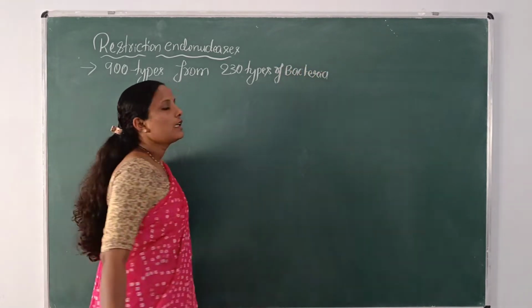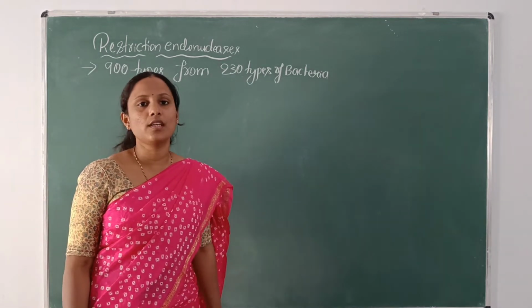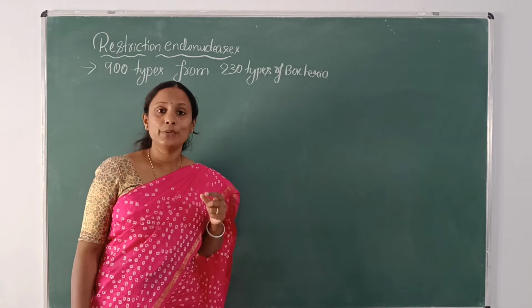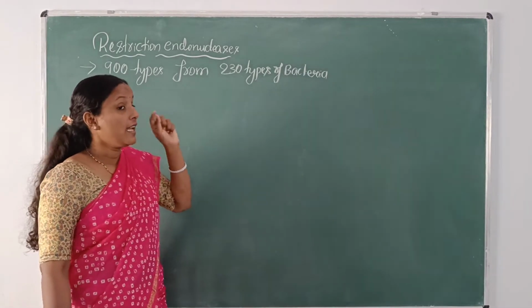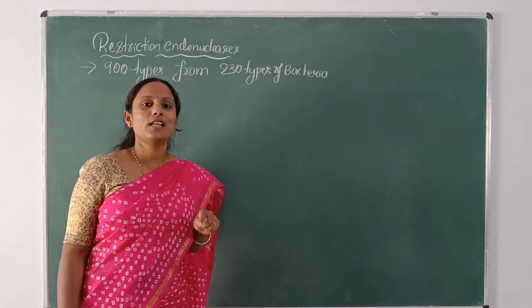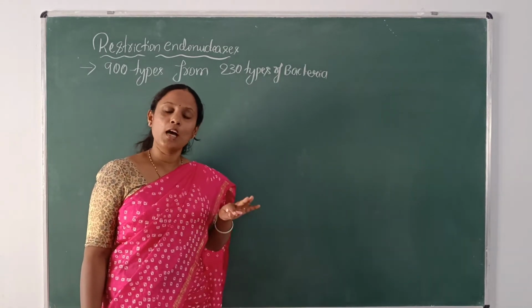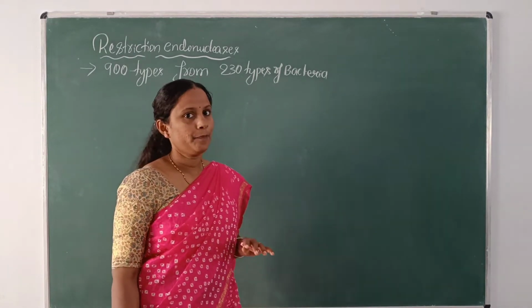Which means a single bacterium is capable of producing more than one type of restriction endonuclease. And among the 900 different types of restriction endonucleases, only 30 of them are used in recombinant DNA technology.